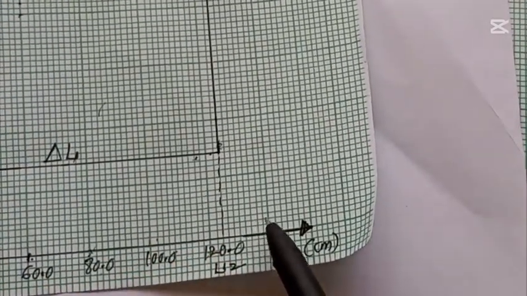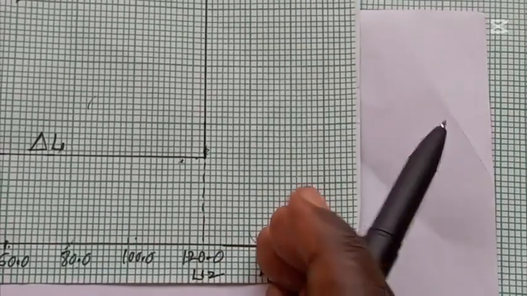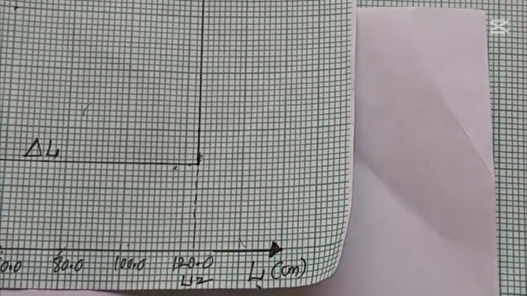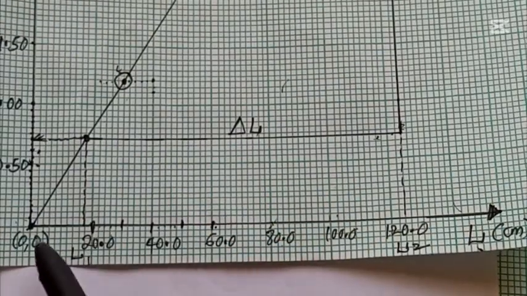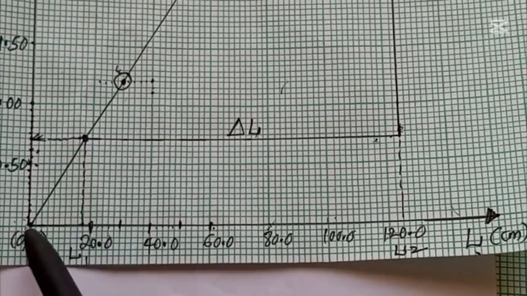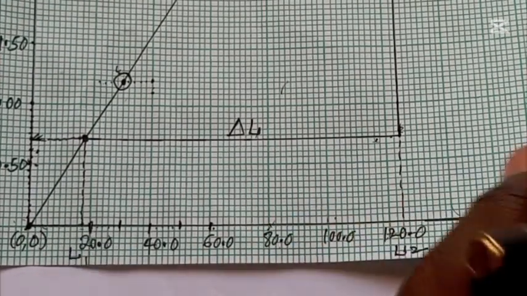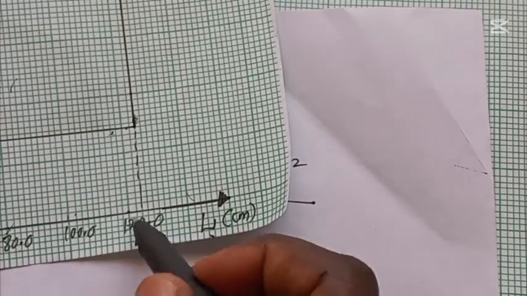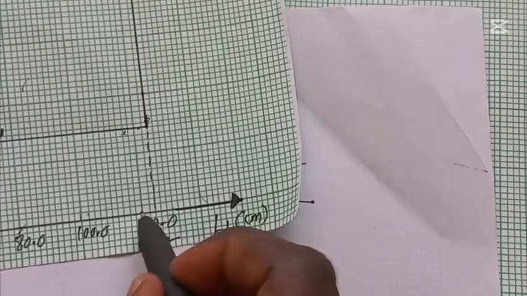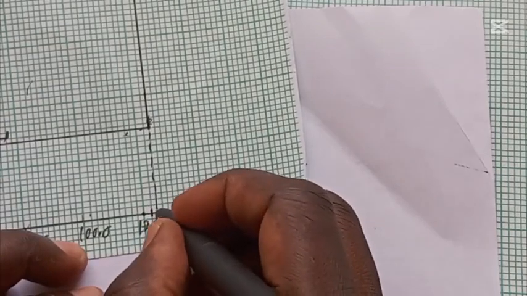Our L2, remember, this one, we use the scale on the horizontal axis. From here to here is 20. We have 10 divisions, so 20 divided by 10, each one will be 2 units. So this is where we have 120. The next small one will be 122, and the next one will be 124.